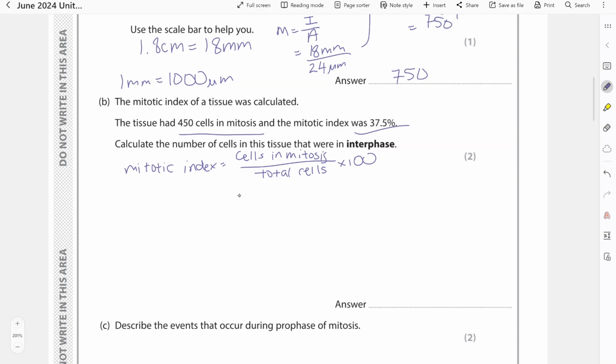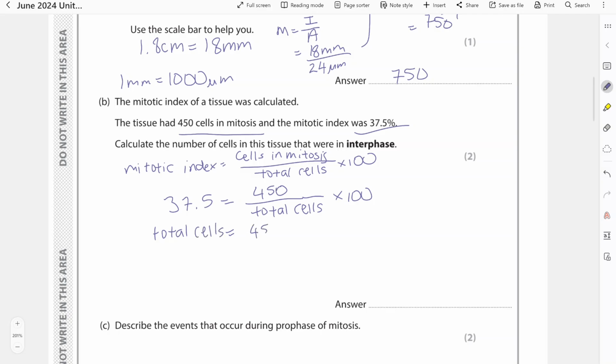So let's plug in the values. 37.5 is the mitotic index. We have 450 cells undergoing mitosis. We don't know what the total cells are, and that's what we're trying to find out. And times by 100.